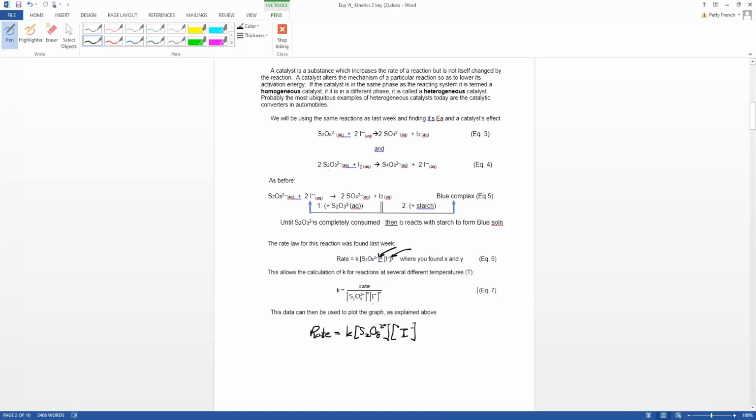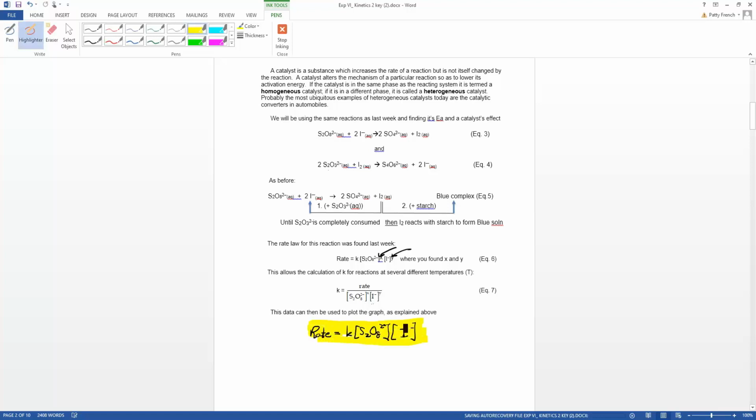So this particular reaction was first order with respect to persulfate and first order with respect to iodide, second order overall.